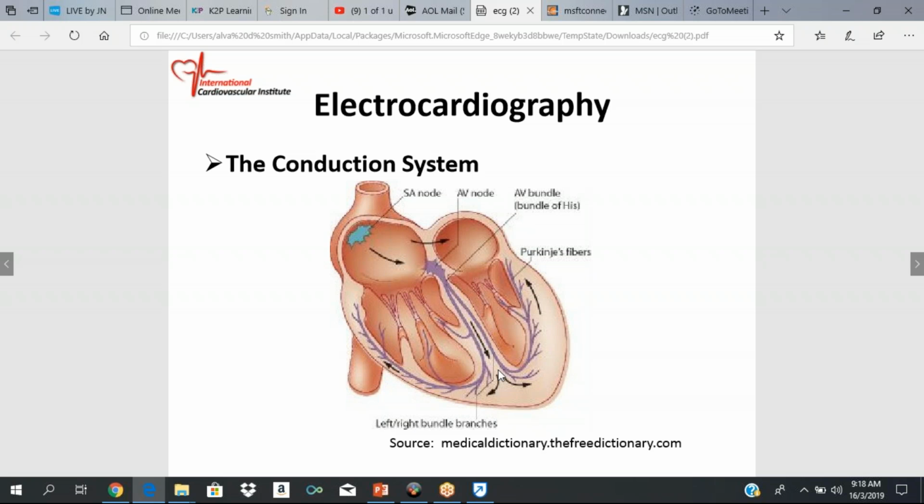And then when it goes down these bundles, it goes to the Purkinje fibers, which are small little conduction system that penetrates the muscle itself. Remember that the left bundle branch has two fascicles, an anterior fascicle and a posterior fascicle.